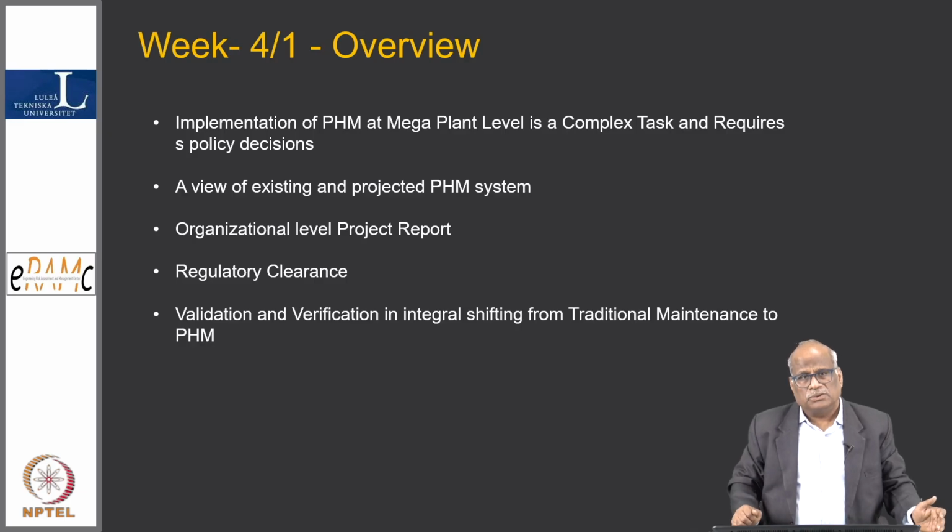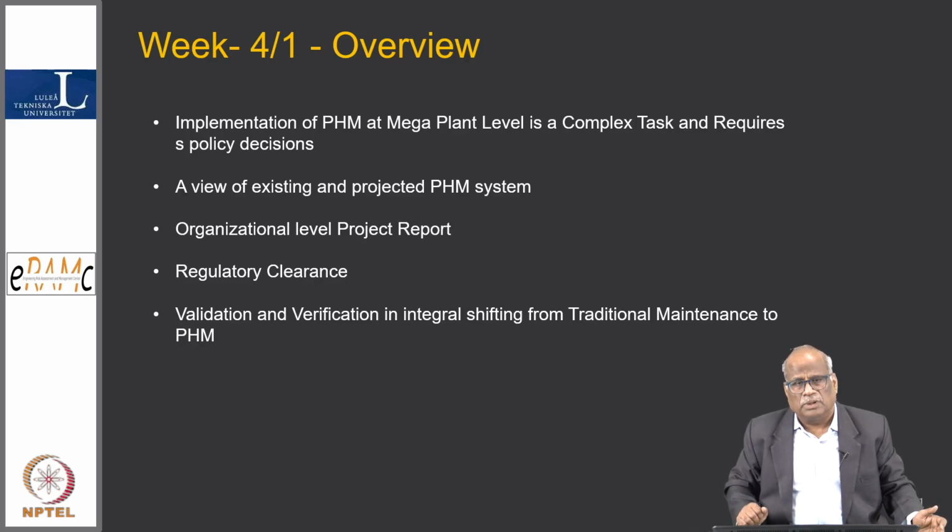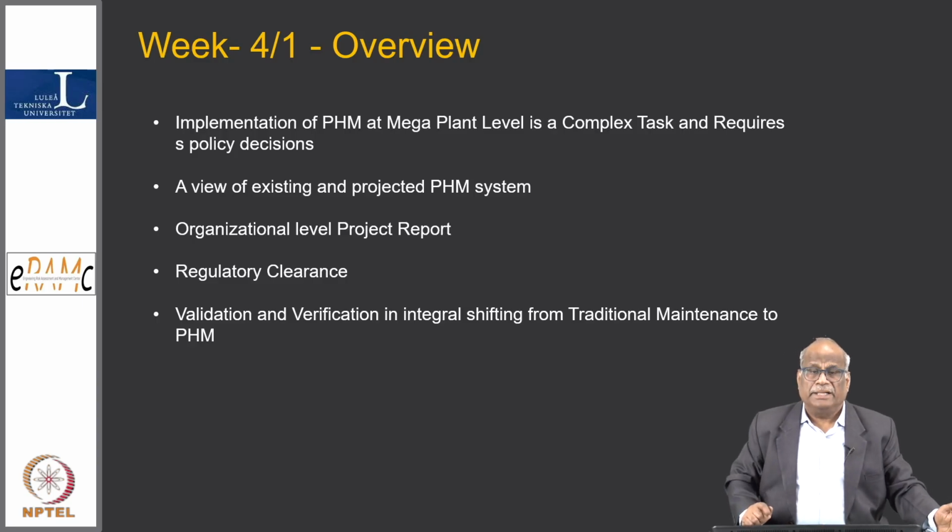Okay, and then of course in an operating plant, how we can demonstrate the applicability of a PHM system. Before implementing PHM, we have to have a project report, and that project report will explain the power and advantages of this.